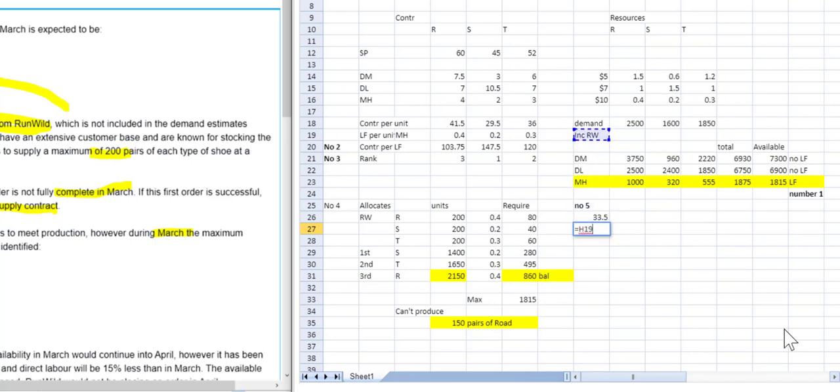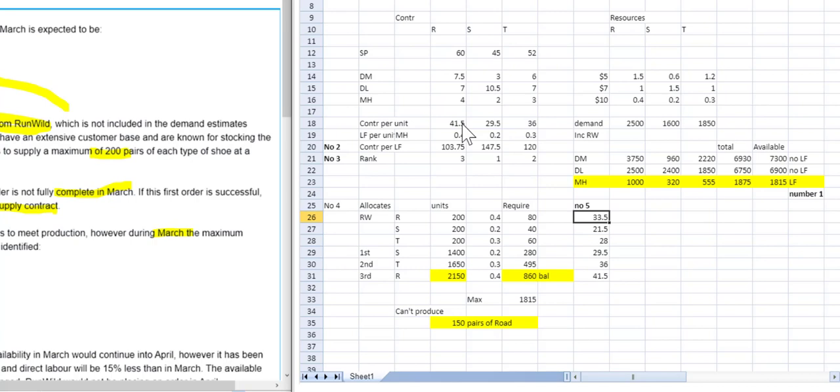For spikes, it's going to be 29.5 minus 8. And for trail, it's going to be 36 minus 8. And then for spikes, the full one for the normal demand and for trail, make sure you pick up the right ones because you're in a different order.